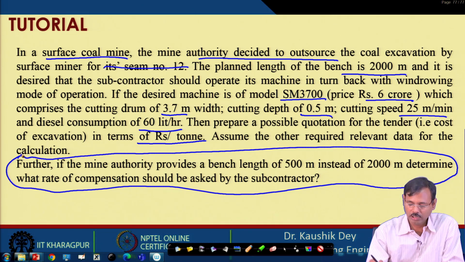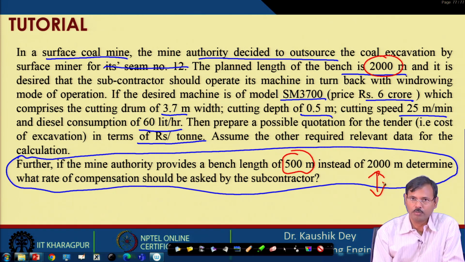Suppose the mine authority fails to provide the promised pit bench length of 2 kilometer, and instead provides a length of 500 meter. Then what is the loss to the contractor, and how much compensation will the contractor ask from the mine authority? That calculation needs to be carried out.